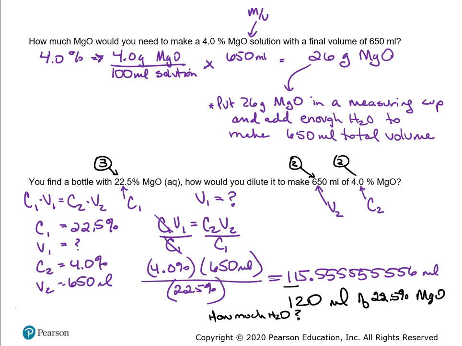So in a dilution, you can figure it out because you have two volumes that you know. So would you just subtract? You take your final volume minus the concentrated volume. So 650 mils minus 120 mils would be? 530. So it'd be 530 mils of water.